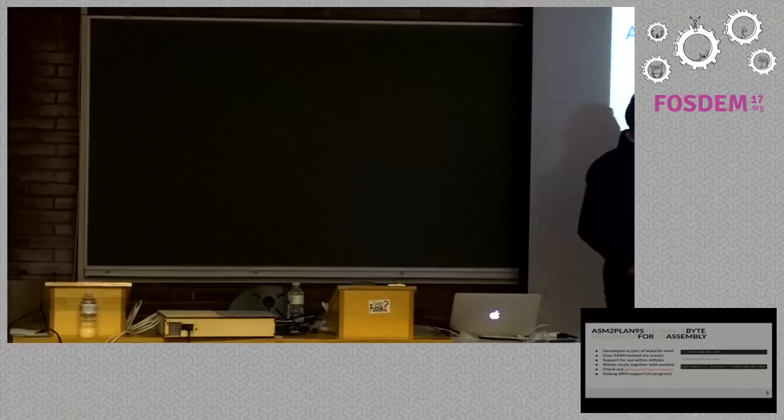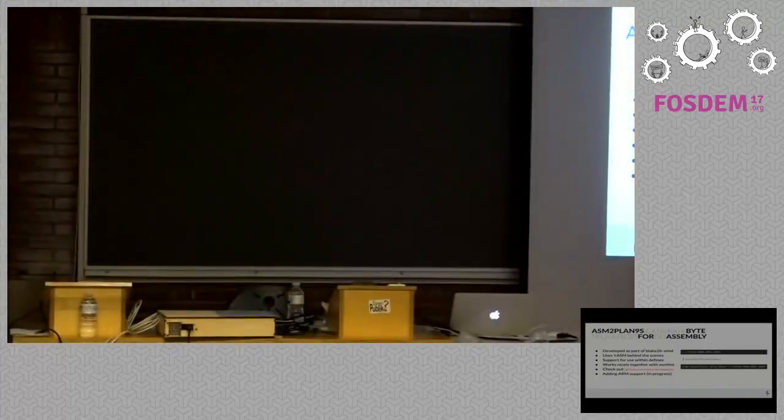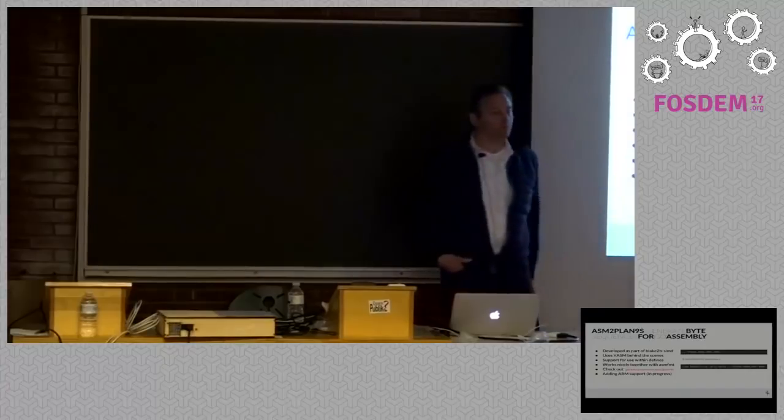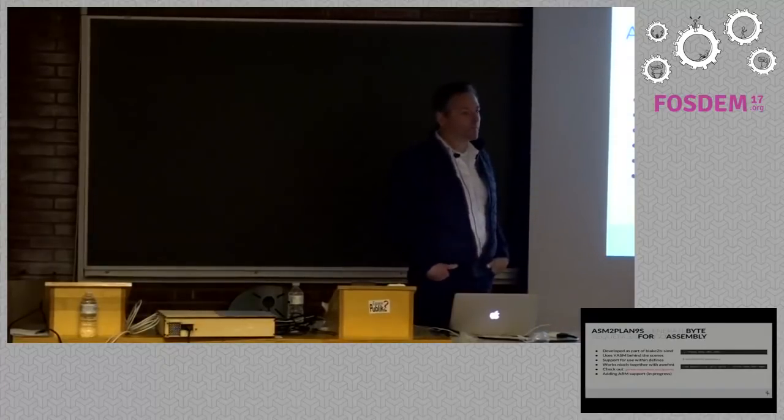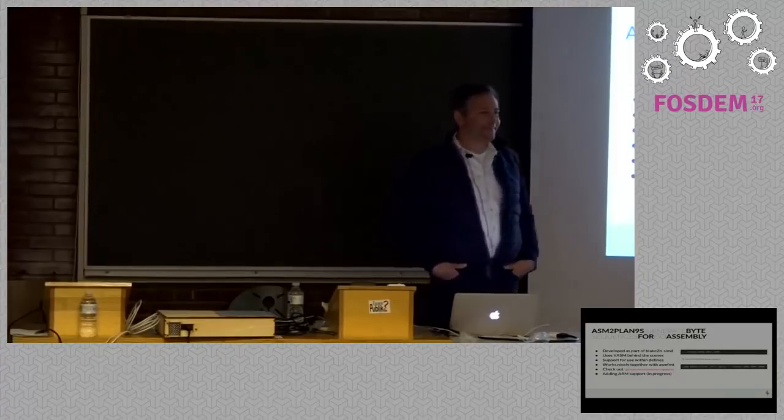This is what you write in your assembly file, and then you run asm2plan9s on this file, and it will prepend the byte sequence. Ah, okay, I missed that. Thank you. Otherwise it's pretty cumbersome.